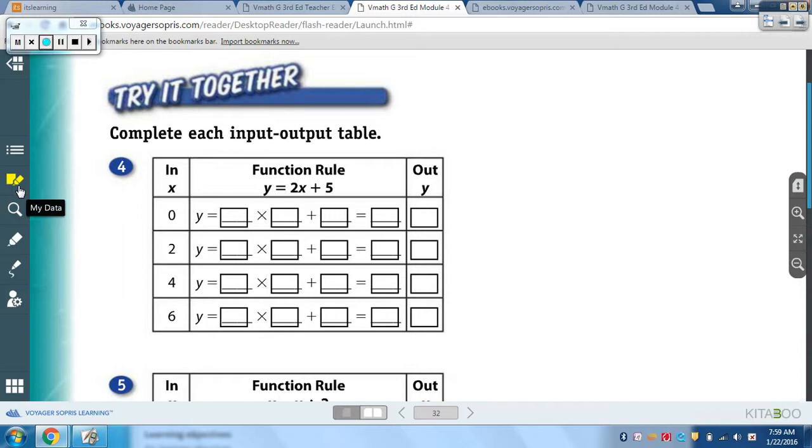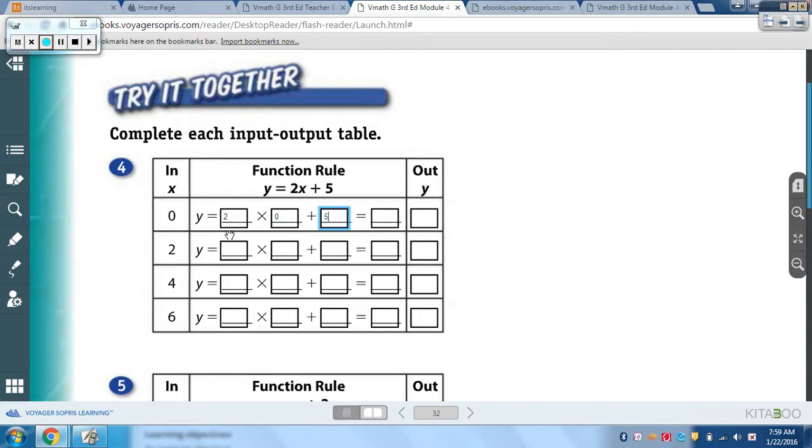So let's take a look. Let's substitute 0 for the x value in our equation. What is our equation going to look like? Our function rule says y equals 2x plus 5. So we have 2. We are substituting 0 for x, and we are still adding 5.